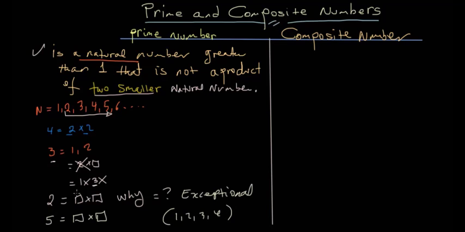No. So that's why it says a prime is a natural number greater than 1 that is not a product of 2 smaller numbers. You don't have any other 2 numbers whose product is 5. Therefore 5 is a prime number. We'll see visually what it looks like.